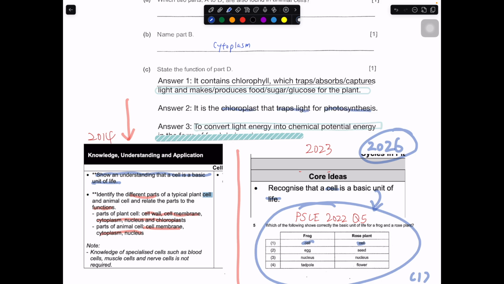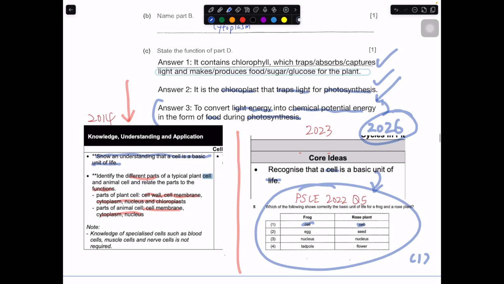Number 3, you can also say it converts light into chemical potential energy in the form of food during photosynthesis. This part is quite rare because I haven't really seen students able to give answers in terms of the third one. Most of the time they choose 1 and 2 because that is more relevant to their textbook. But 3 is also correct.